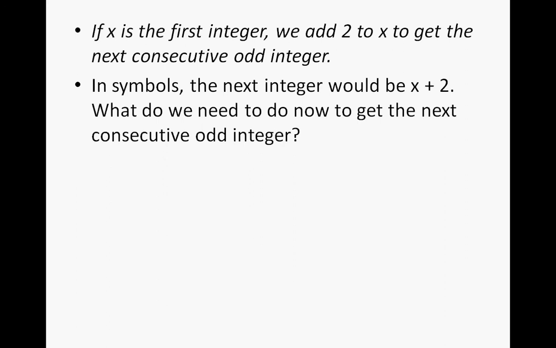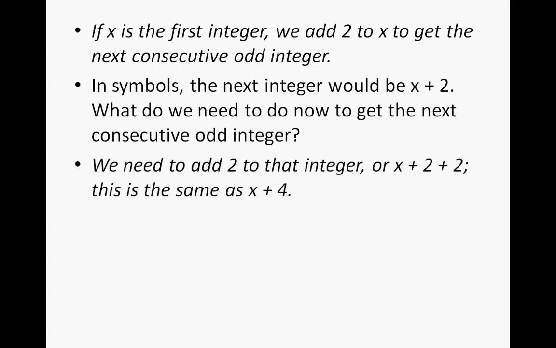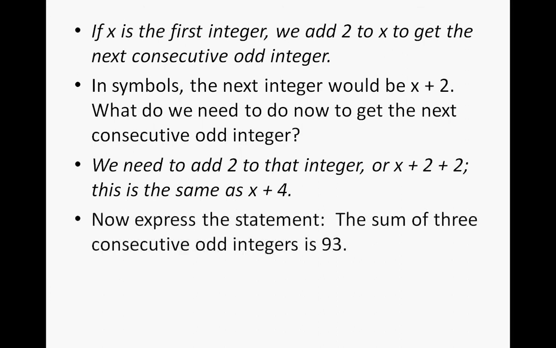What do we need to do now to get the next consecutive odd integer? Well, we need to add 2 to that integer, so it would be X plus 2 plus 2, which is the same as X plus 4. Hopefully you can see where we're going with this. So now express the statement, the sum of the 3 consecutive odd integers is 93.